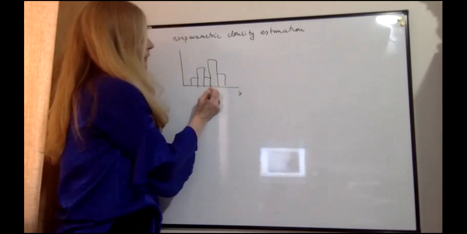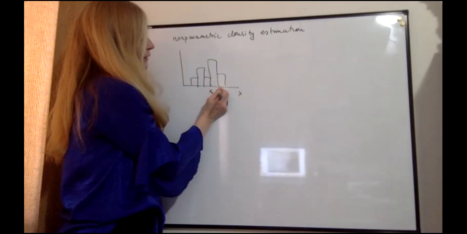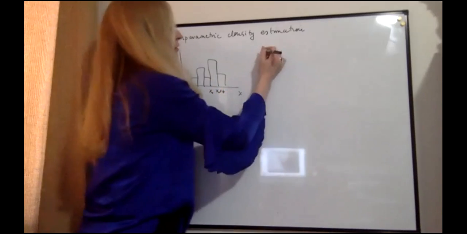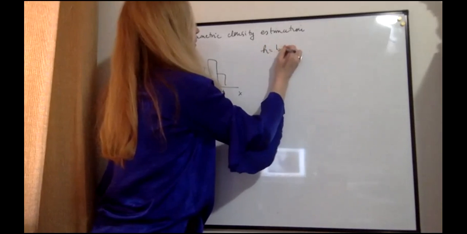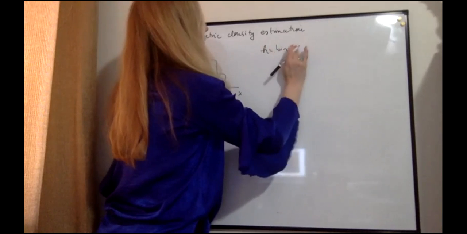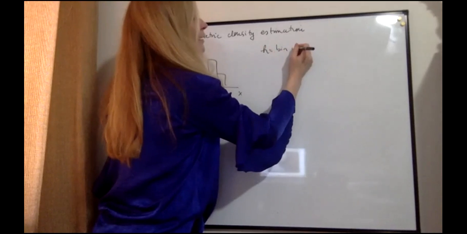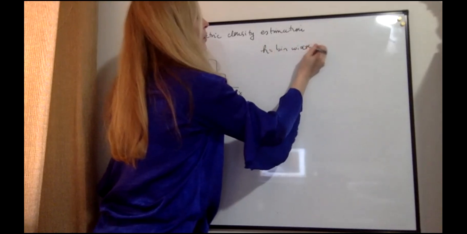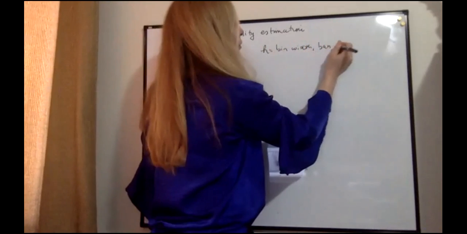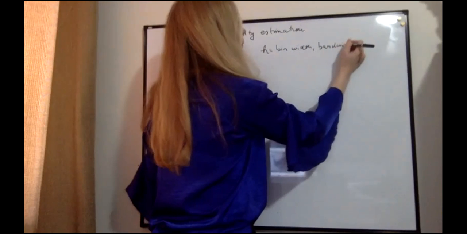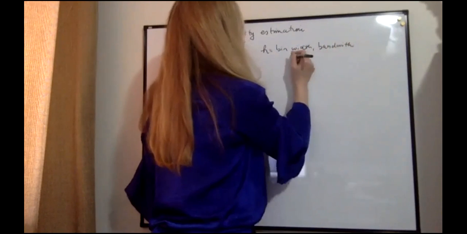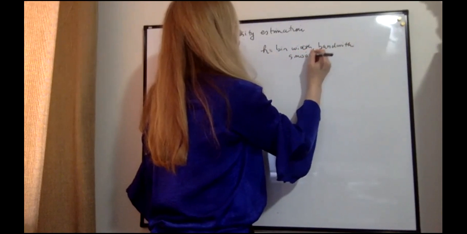And so you would bin x naught plus h, where h is equal to the bin width. Bin width. And this is sometimes also called a bandwidth, or smoothing parameter.